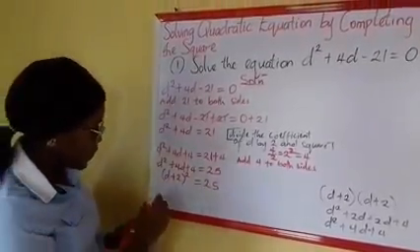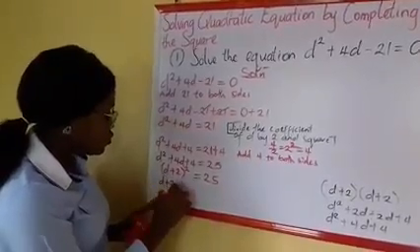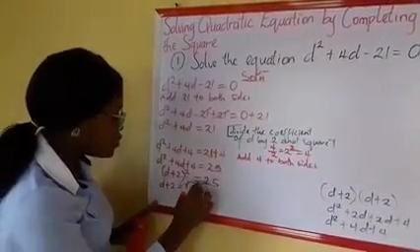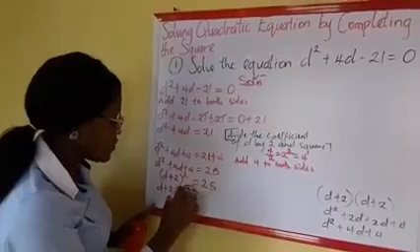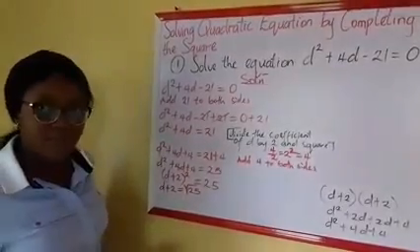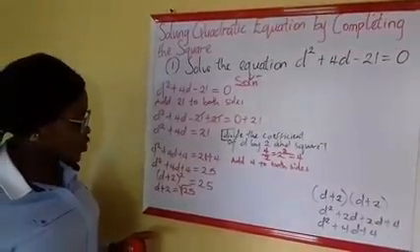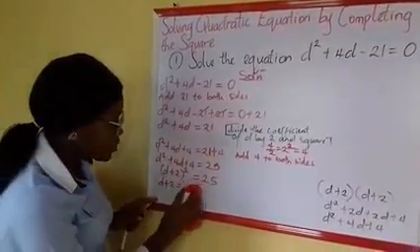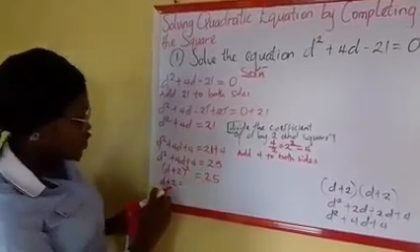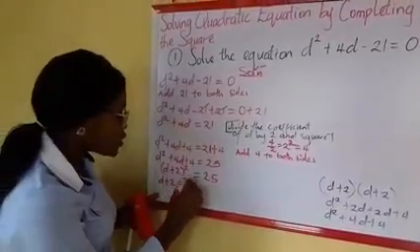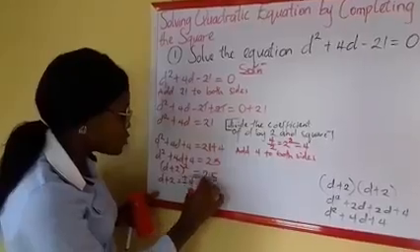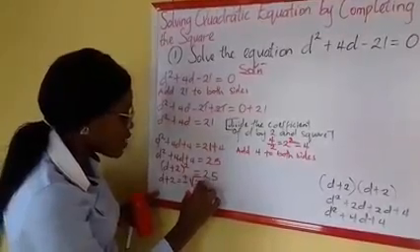Here we have d plus 2 is equal to square root of 25. Is it making sense to you? Okay, I think we are missing something. We have d plus 2 equals plus or minus square root of 25.